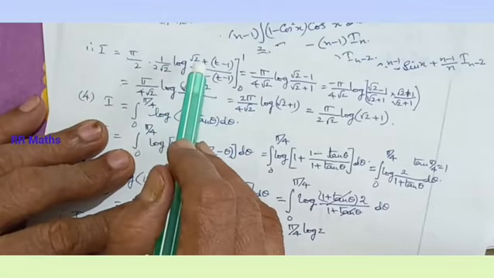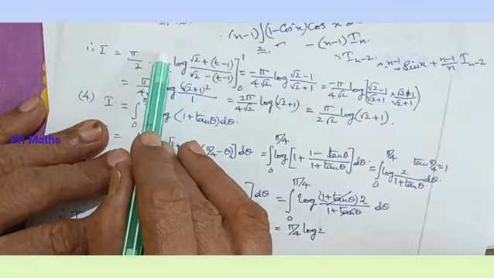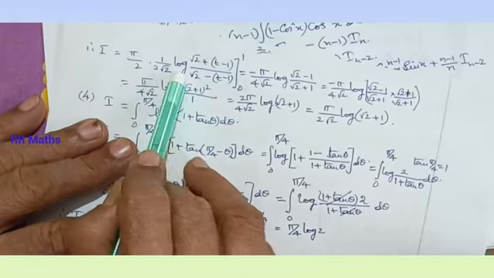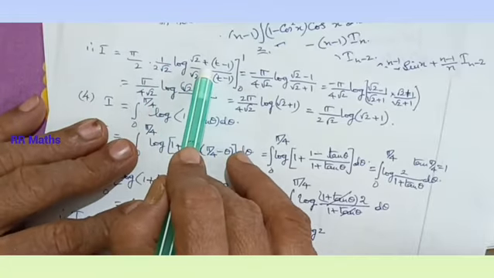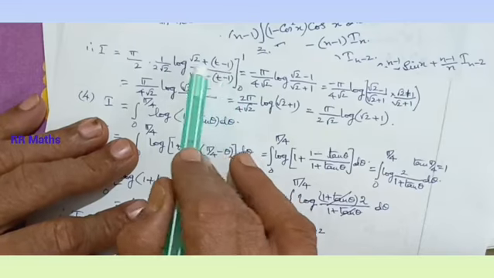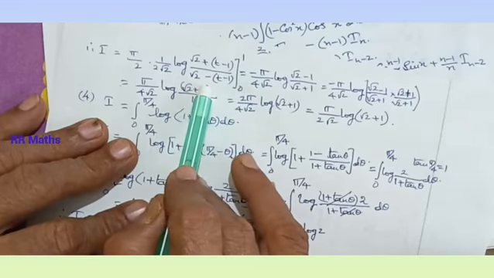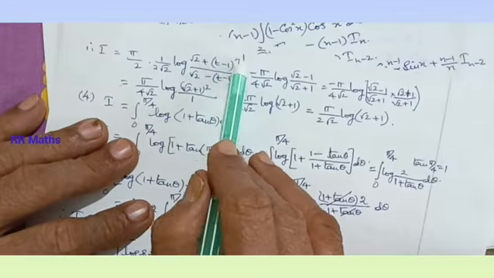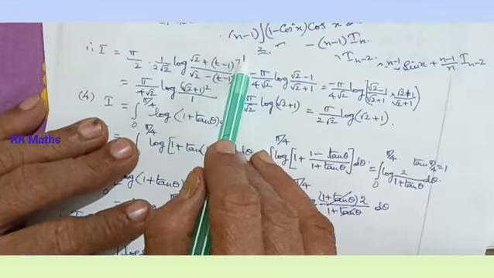So 1 by a is going to be root 2 for us. So 1 by 2 root 2 log of root 2 plus, instead of x you have t minus 1, divided by root 2 minus t minus 1, and limits varying from 0 to 1.